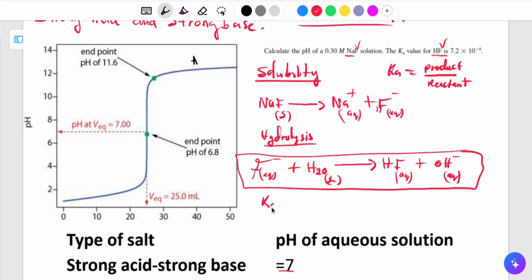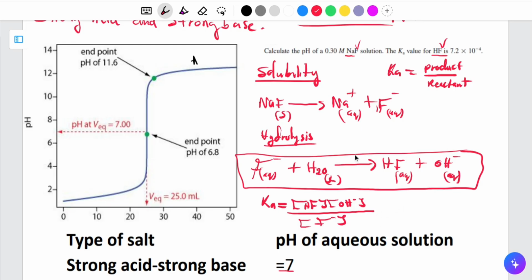Remember, for solids and liquids we don't include them, we just ignore them. So according to the products that we're having, we have hydrogen fluoride, we also have hydroxide ion, then on the reactant part we have fluoride ion. So this is what I'm having.